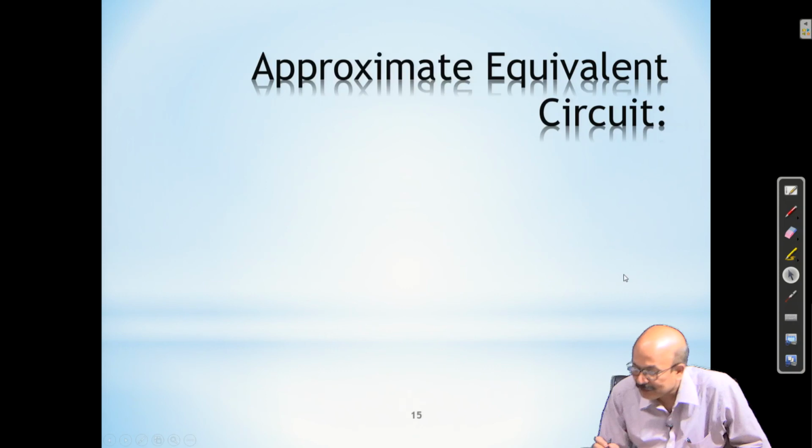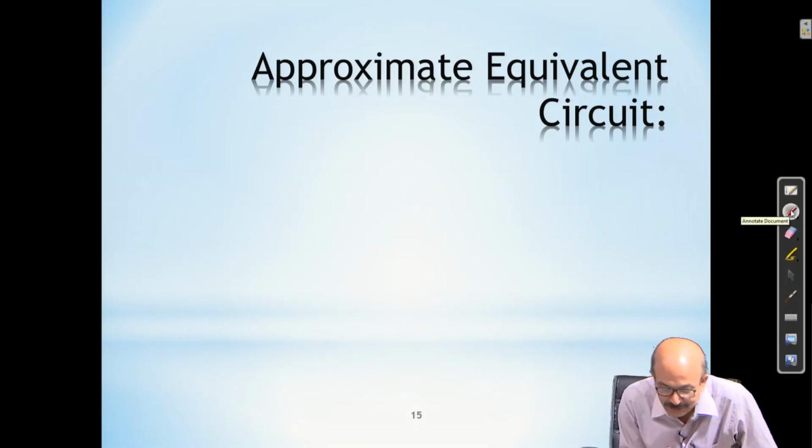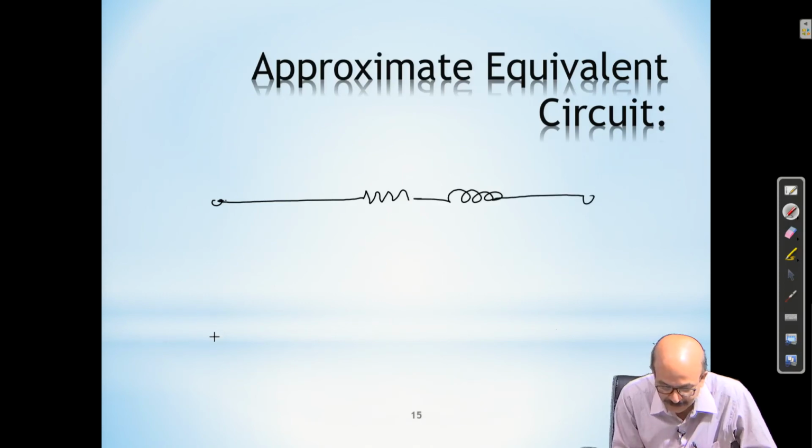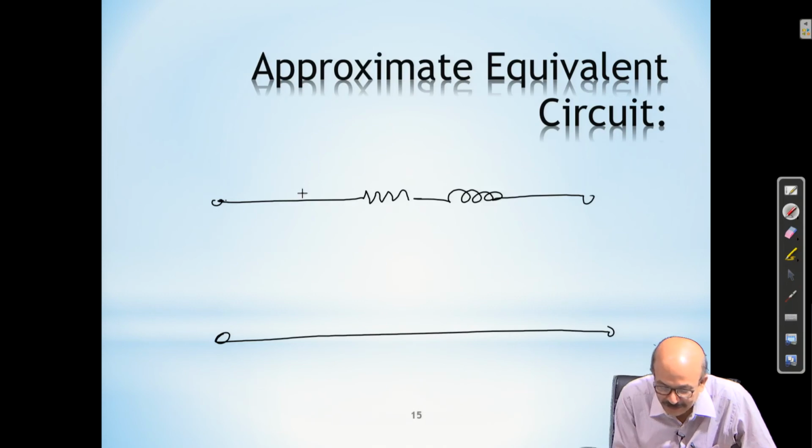Approximate equivalent circuit. In the approximate equivalent circuit, suppose we have that resistance, that reactance, the secondary side, and then here we put this one and this one.